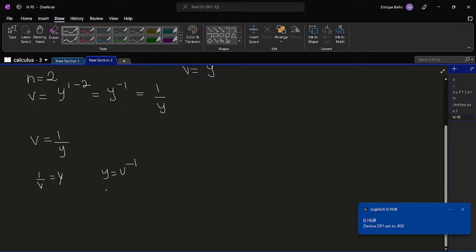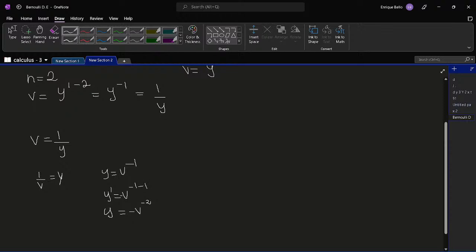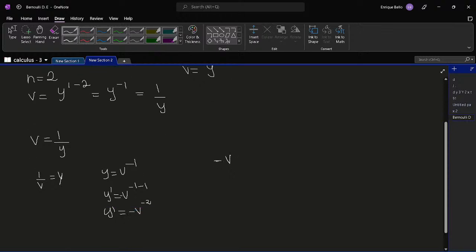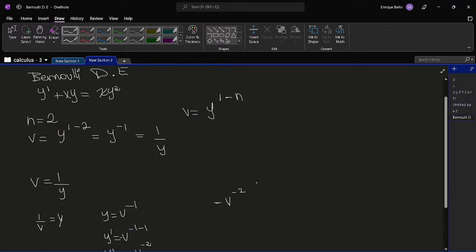Alright, so it's gonna be y equal v minus 1 minus 1. No, y minus v. So minus 1 is just gonna be minus v minus 2. Finally got it. Okay. So now I substitute. Instead of y prime, I will put minus v to the minus 2, then plus x.